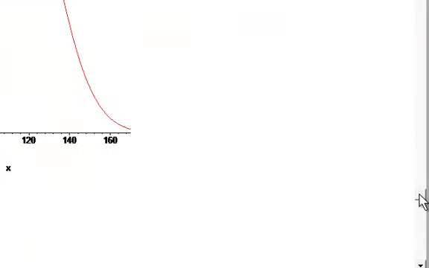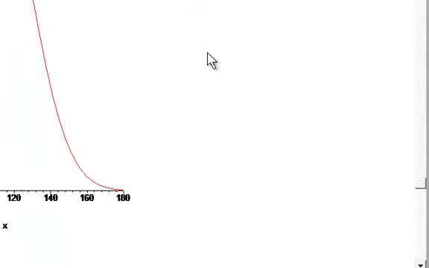I want to find the value, in this picture, that leaves 95% area to the left, 5% to the right. Maybe even, well, let's go out to 180. Yeah, it's got to be out here past 160.